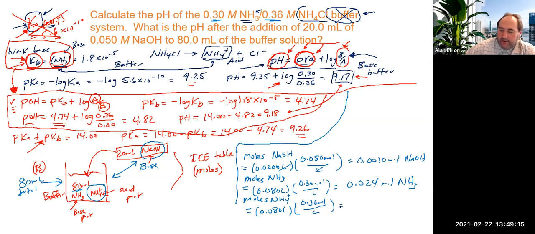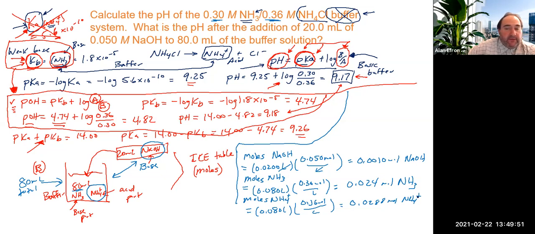So 0.08 times 0.36 gives 0.0288 moles of NH4 plus. I could round that to 0.029. Any questions on how to get the moles?